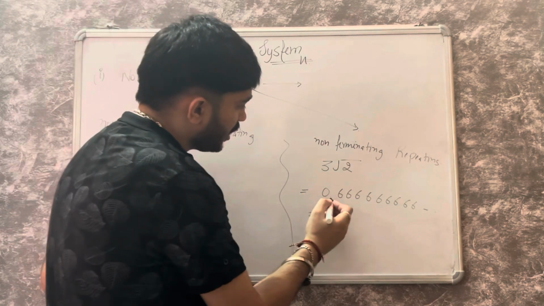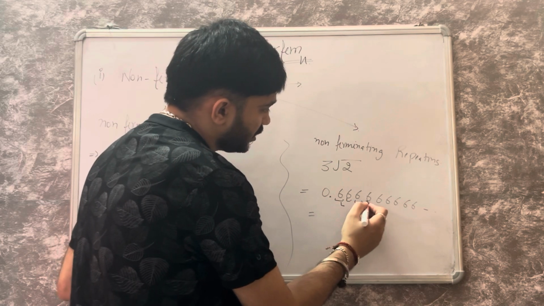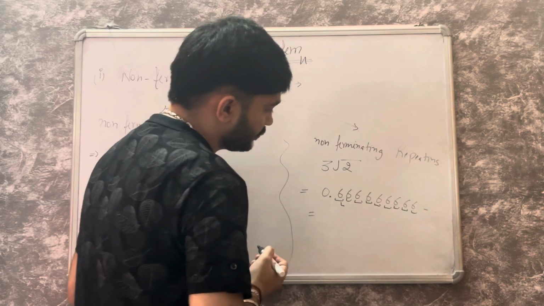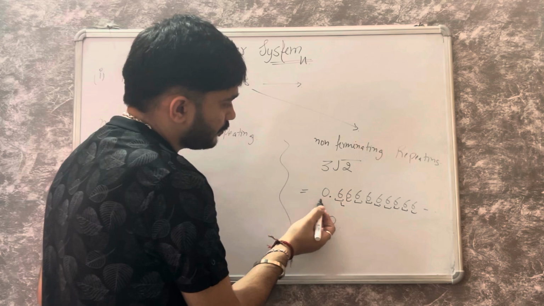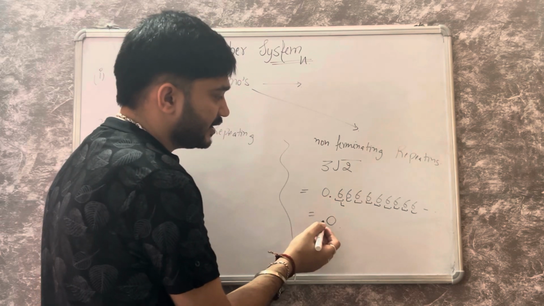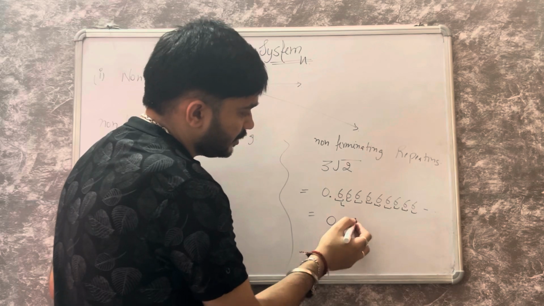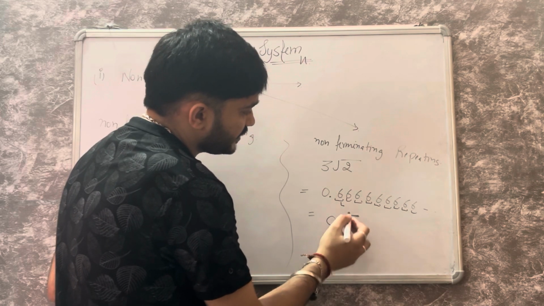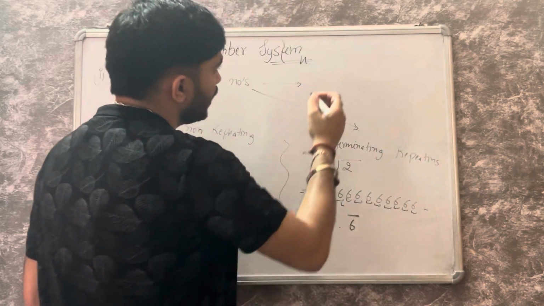After the point, the number 6 is repeating itself again and again. Yes or no? Yes. So you can write 0, the number in front of the point, as it is, and the number that is repeating, that is 6 here, add a bar on it. Here we see that this number is repeating, so it is known as non-terminating repeating.